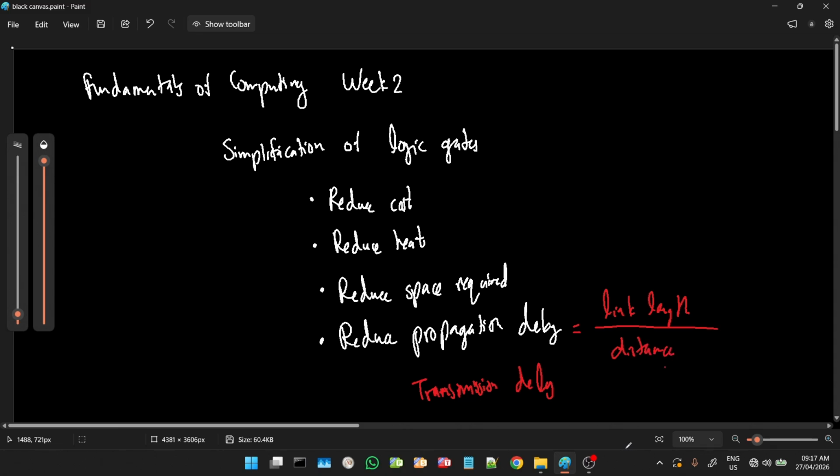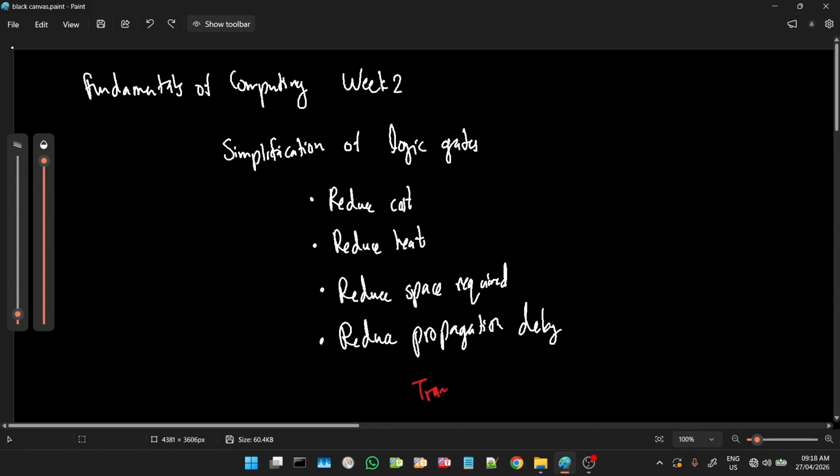So that is propagation delay. Transmission delay is the bits over total speed, right? So these are the two main delays that we learned in DCN or DNC.